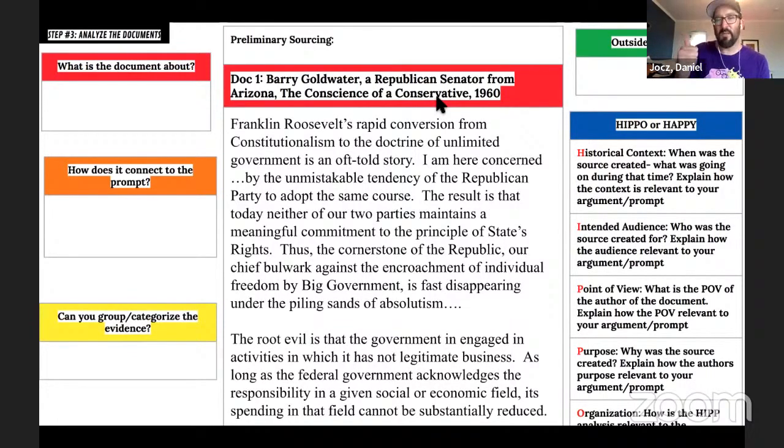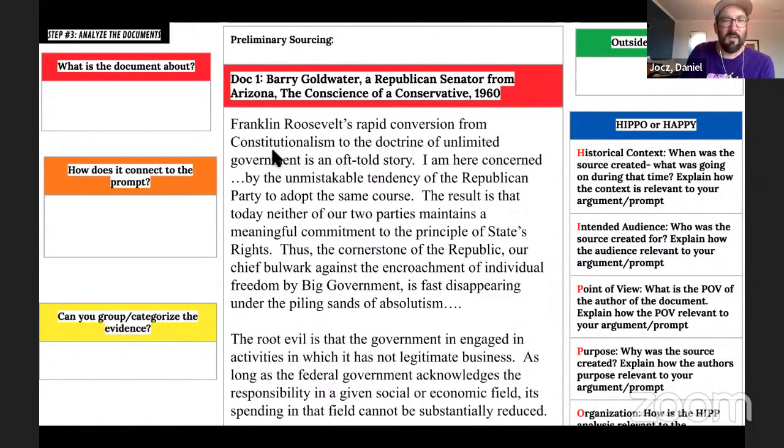So he is a Republican leader, he is a conservative, and he's writing just as Kennedy and Nixon. We don't have a month, so they're either running for president or the election has taken place. So looking at the sourcing can help you make sense of what you may see in the actual document.